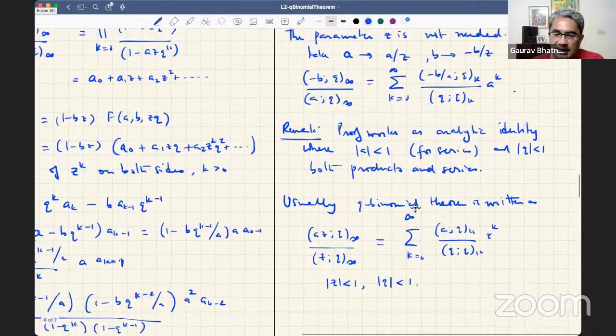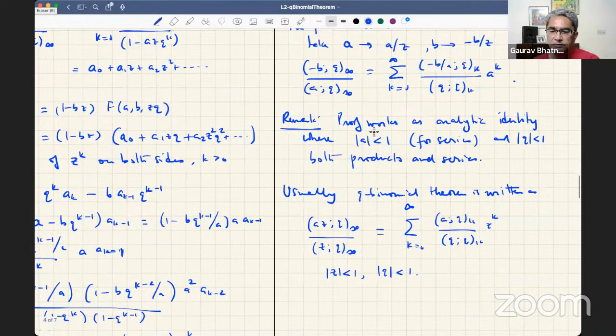Ramanujan wrote it slightly differently. He liked to keep these products like this, and it's useful for us later to keep this form because we want to see what Ramanujan did.